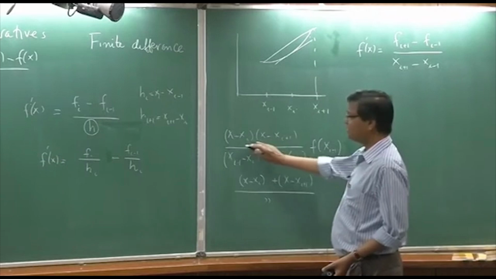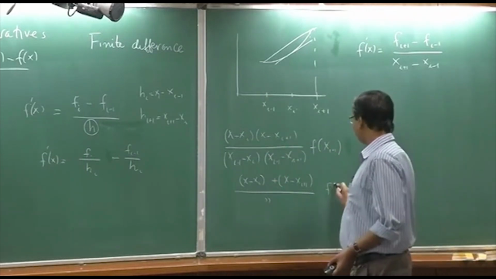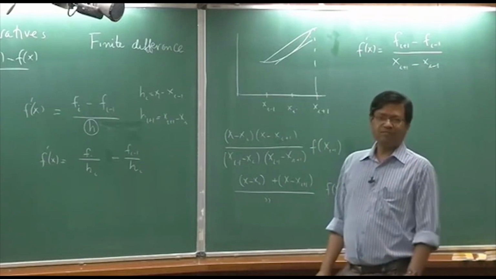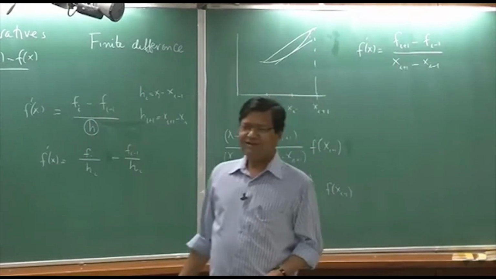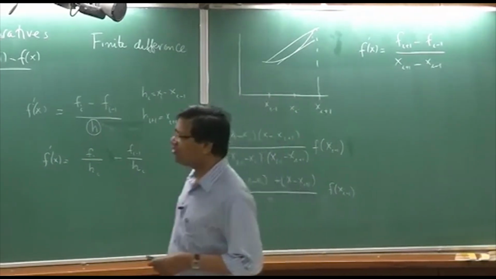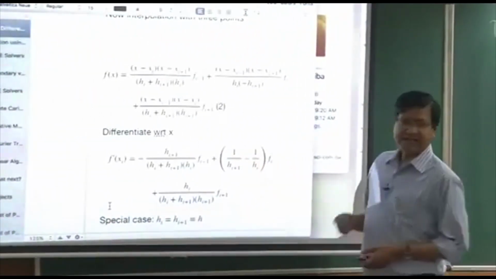So I keep this function and take the derivative. Now this is what I will get as the first term. I would not write more terms, but now I have to substitute one of the 3 points. I want to compute the derivative at xi, so put x equal to xi.